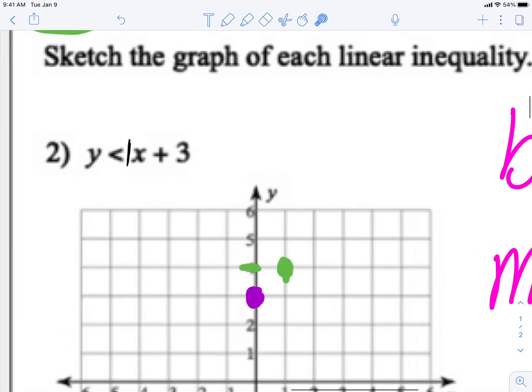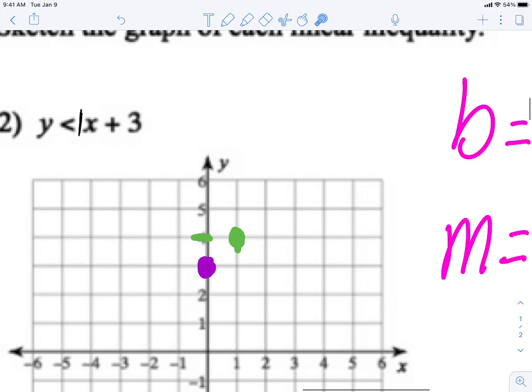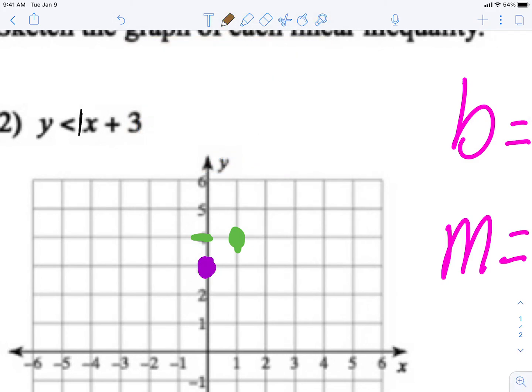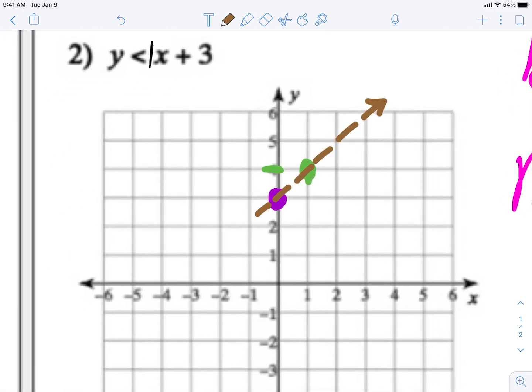Number 2. Look at that. No equal sign. So I know it's going to be a broken line. So let me make a broken line here between these 2 points. Look at that. Make an arrow this way, and then carefully I'm going to go that way, and I'm going to make an arrow that way. Look at that.